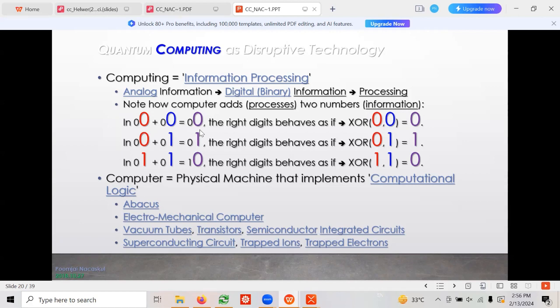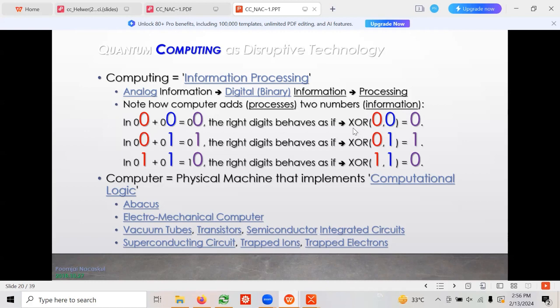But it's exclusive OR, meaning that if both of them are 1, it gives you 0. You can see that adding binary numbers, looking at just the last digit, is equivalent to an XOR gate.